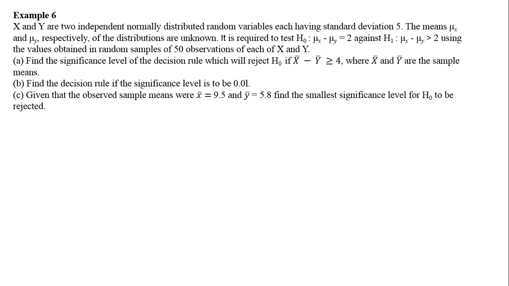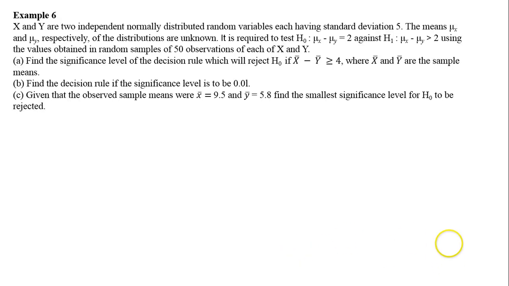Example 6. X and y are two independent, normally distributed random variables, each having standard deviation 5. The means mu x and mu y respectively of the distributions are unknown.